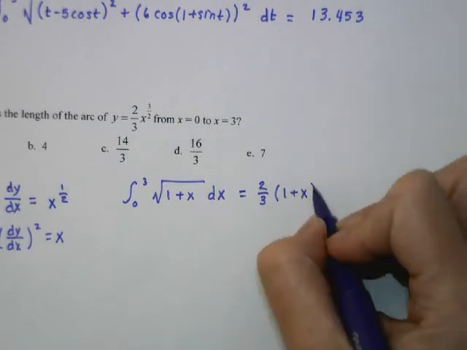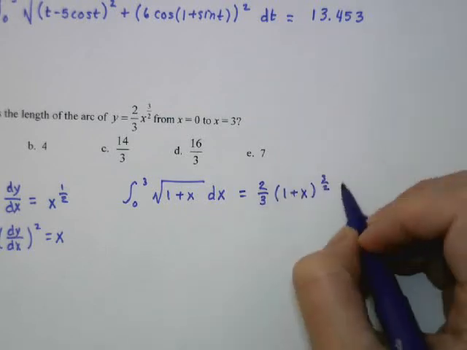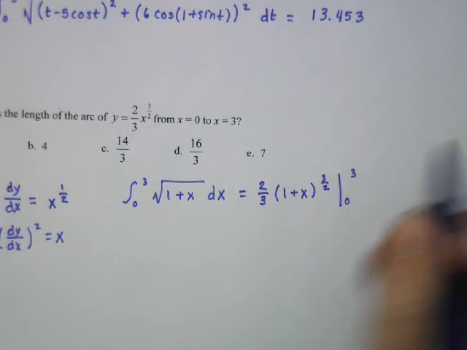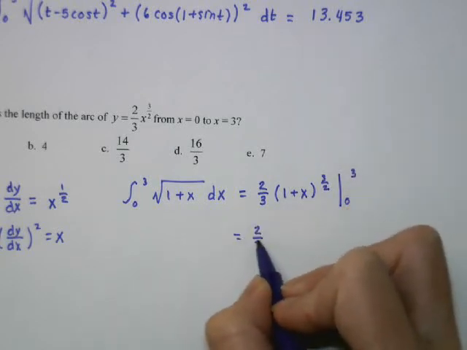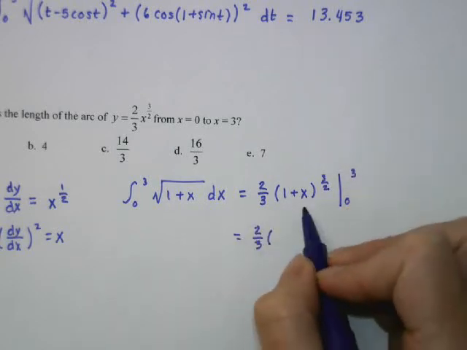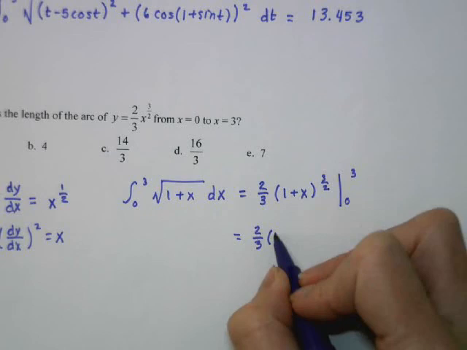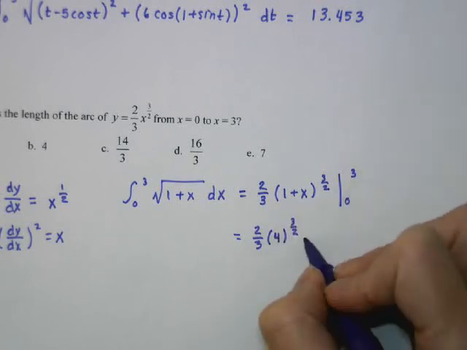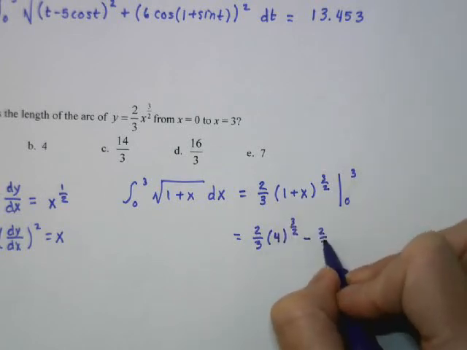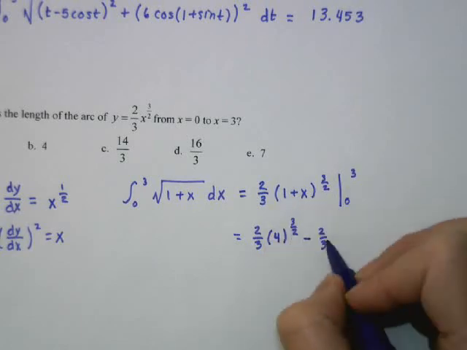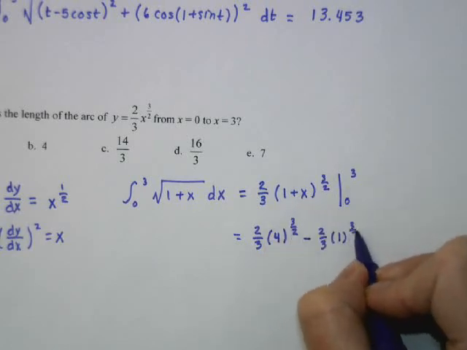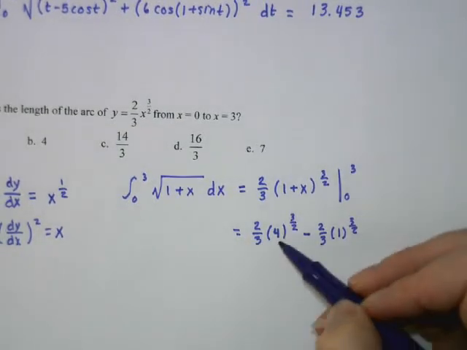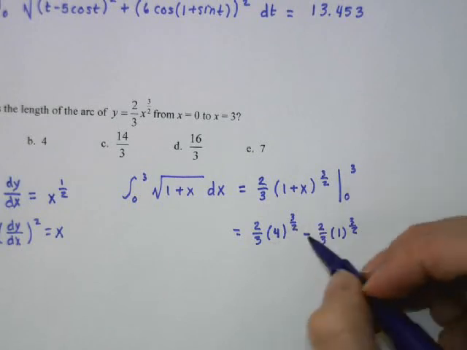Okay, so 4 to the 3/2. I always start with the denominator. So we're taking the square root of 4, which is 2, and then cubing it. So this is going to be 2/3 times 8, which is 16/3, minus 2/3, which is 14/3. So that's how you find the arc length of different curves.